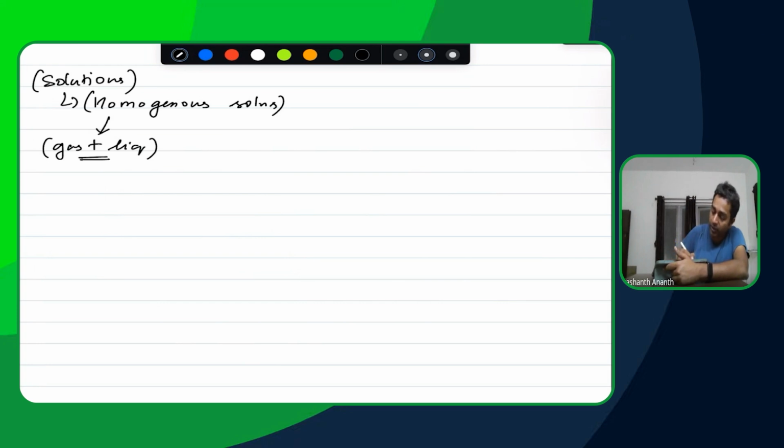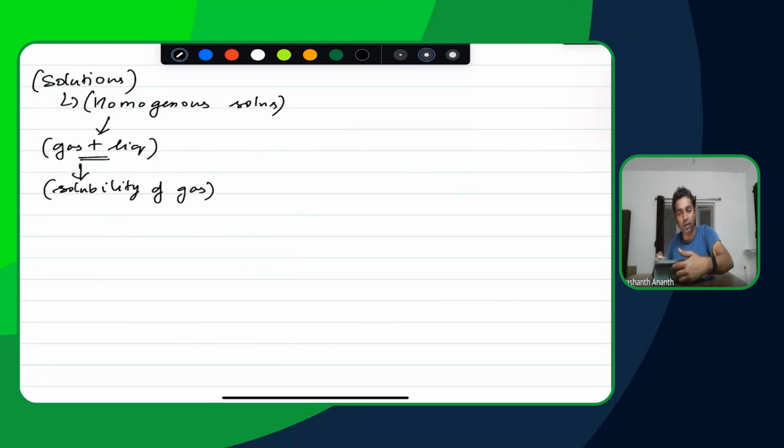Most important property is going to be, of course, solubility of the gas. Because how is it that the gas is dissolving? Solubility of gas is going to be critical over there. This solubility of the gas is going to be studied by a law called Henry's law.